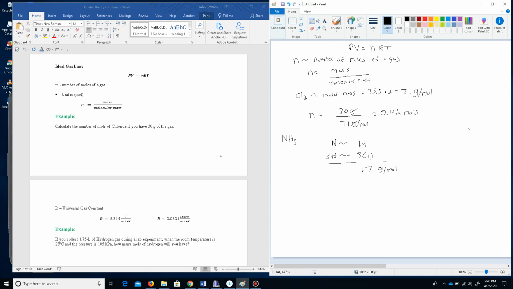Alright, so the next part of this is, since we looked at the n, now we haven't looked at the R yet. That has actually two numbers. I said it was both constants. These are technically the same, but the units are different. This 8.31 is joules per mole Kelvin.